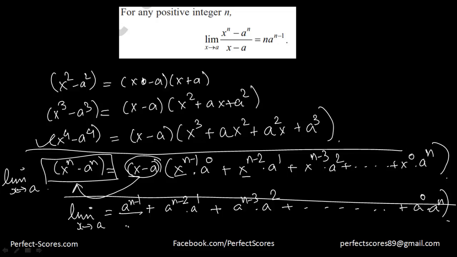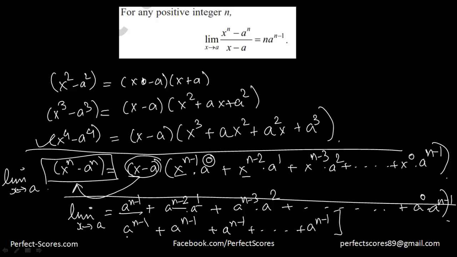So this is nothing but a to the power n minus 1. Sorry, this is n minus 1 because it's actually starting from 0, which is why this would be n minus 1. This is going to be a to the power n minus 2 plus 1, that is a to the power n minus 1, then again a to the power n minus 1, all the way till a to the power n minus 1.